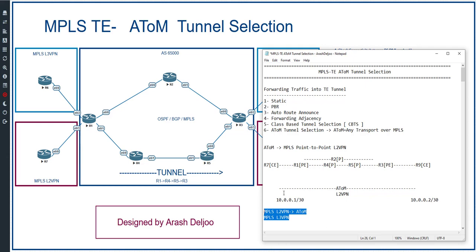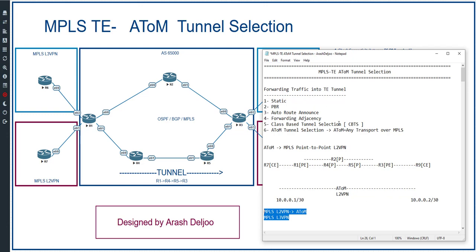I'm going to talk only about how, after configuration of these two VPNs, we can use, for example, the AToM tunnel selection feature. Because of that, we will configure layer 2 VPN and also layer 3 VPN in this video only for practice. And we don't have any special traffic engineering feature in the configuration of the layer 2 VPN and layer 3 VPN.